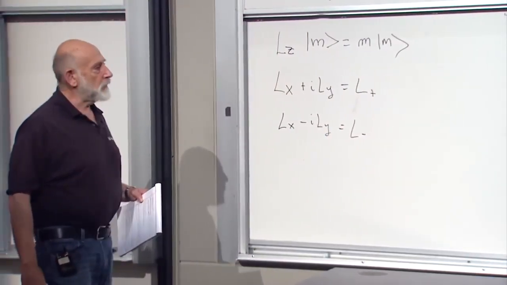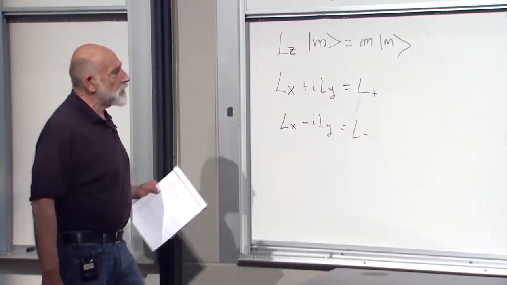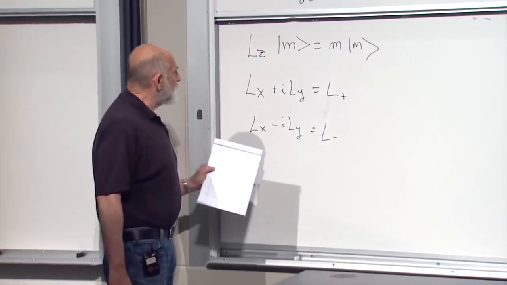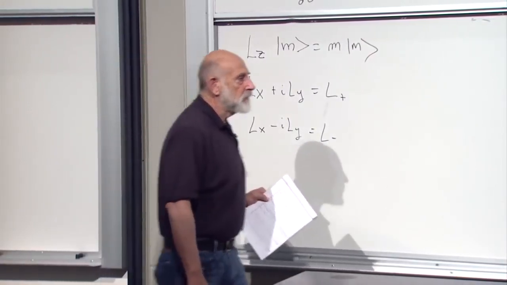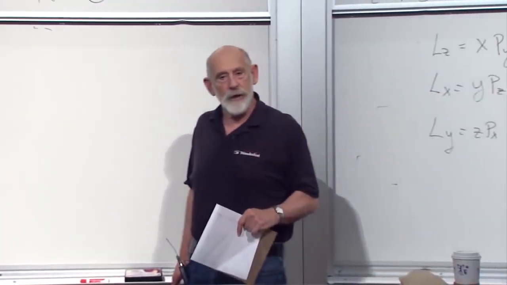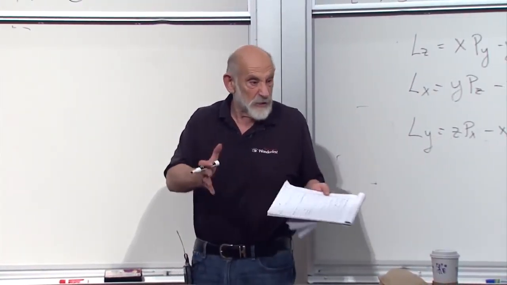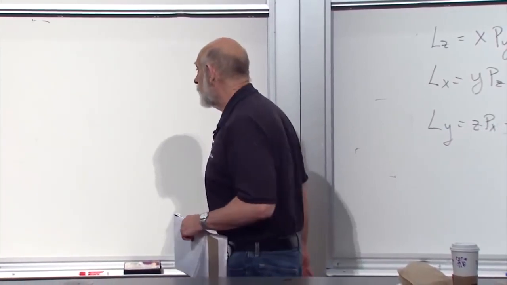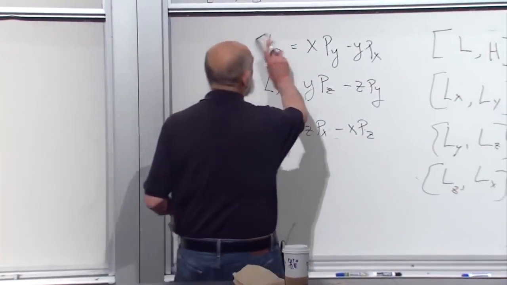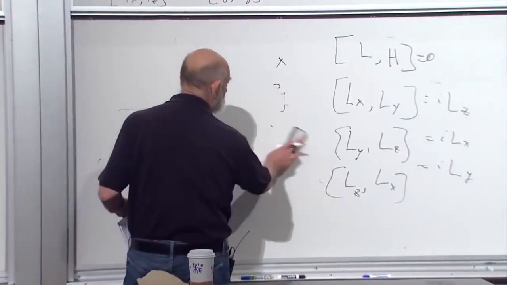Now what I want to figure out is the commutation relations of L plus and L minus with Lz. For the moment, I don't really care too much about the commutator of L plus with L minus. I'll tell you now it's Lz, but that's not so important.